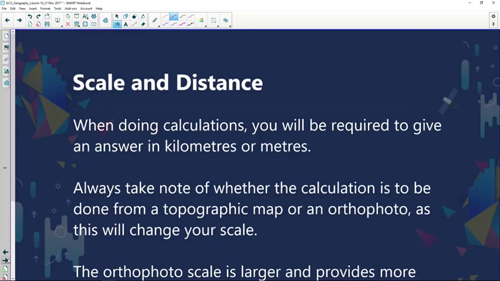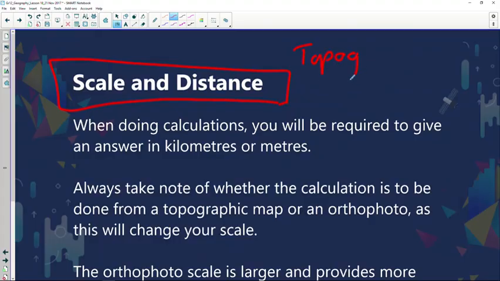Our next topic that we're going to discuss is scale and distance. Because our topographical map has a scale, and our orthophoto maps consist of a scale, the topographical map consists of a scale of 1 to 50,000, and our orthophoto consists of a scale of 1 to 10,000.